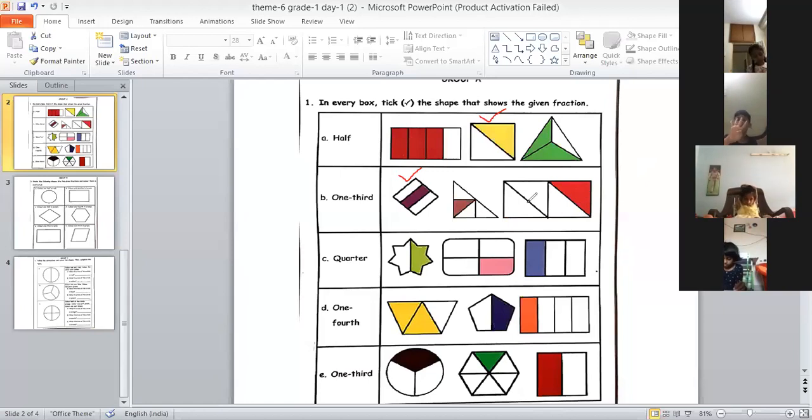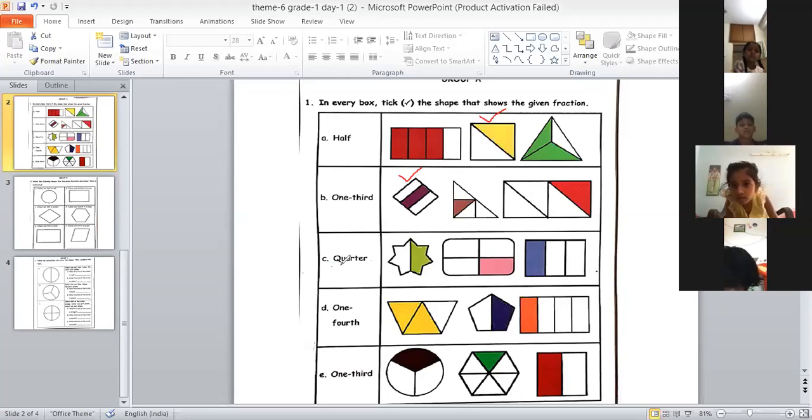Now out of 4, how many are shaded? Only 1 part is shaded. So this shape is representing which fraction? 1/3 or 1/4? 1/4. Yes, very good. Children, the shape is divided into 4 parts and out of 4, only 1 is shaded. So this is representing 1/4.